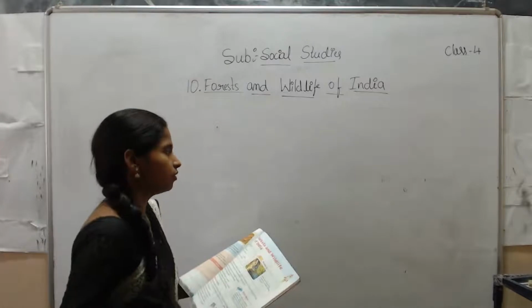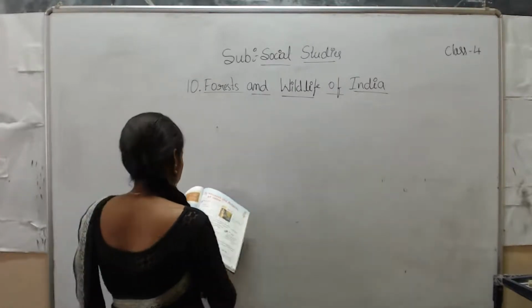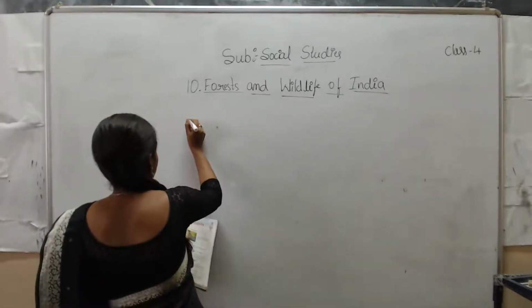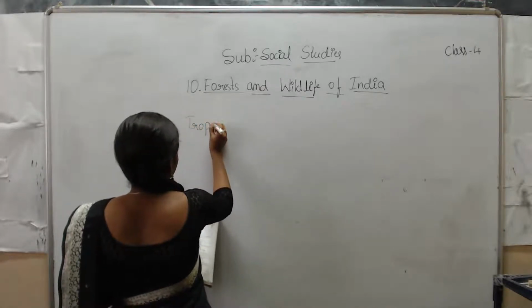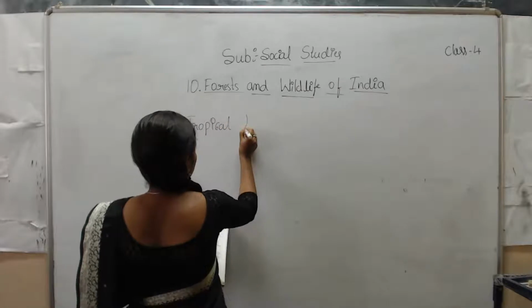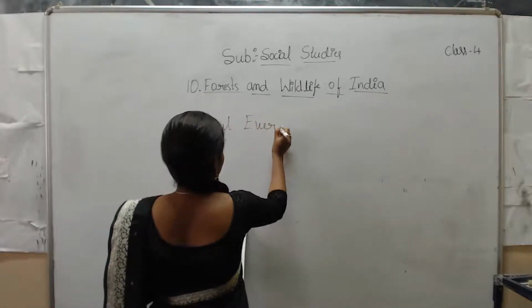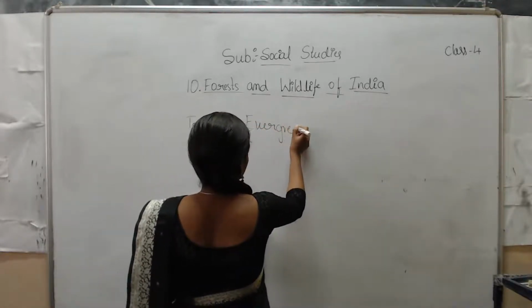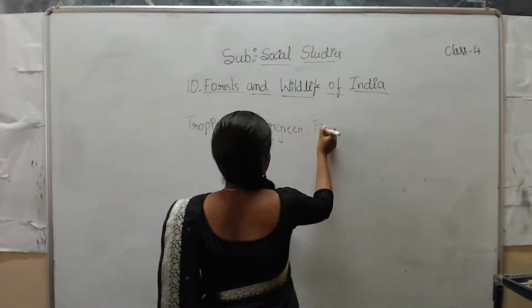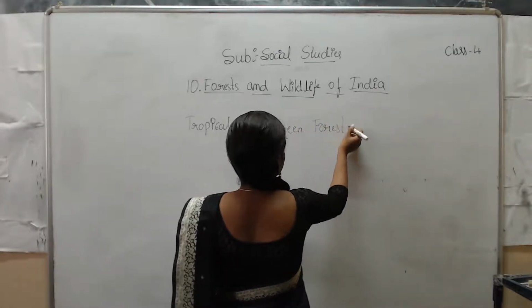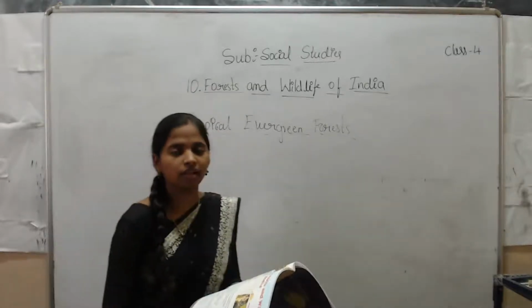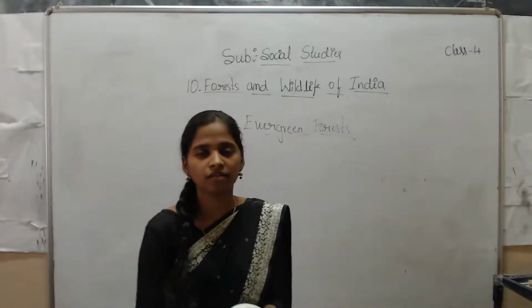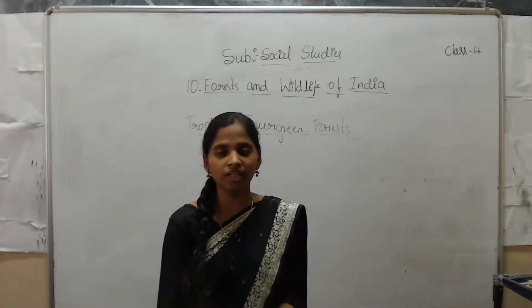The first one we are going to discuss is tropical evergreen forest. So the name itself tells that these forests are always green in color.